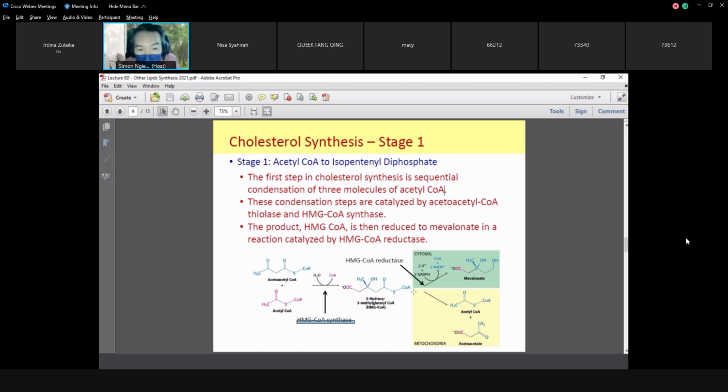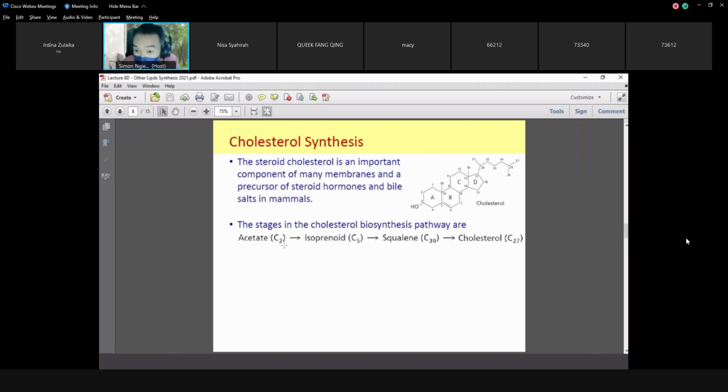As you can see, the steps start from two carbon, which is your acetyl CoA, and lead to the generation of a five carbon isoprene. From this five carbon, more of this structure comes in. From five, it will go to 15.